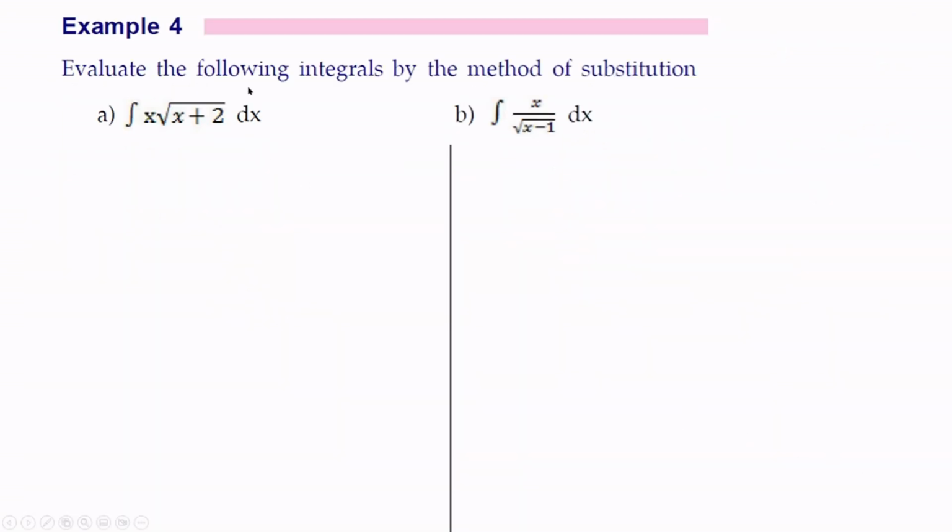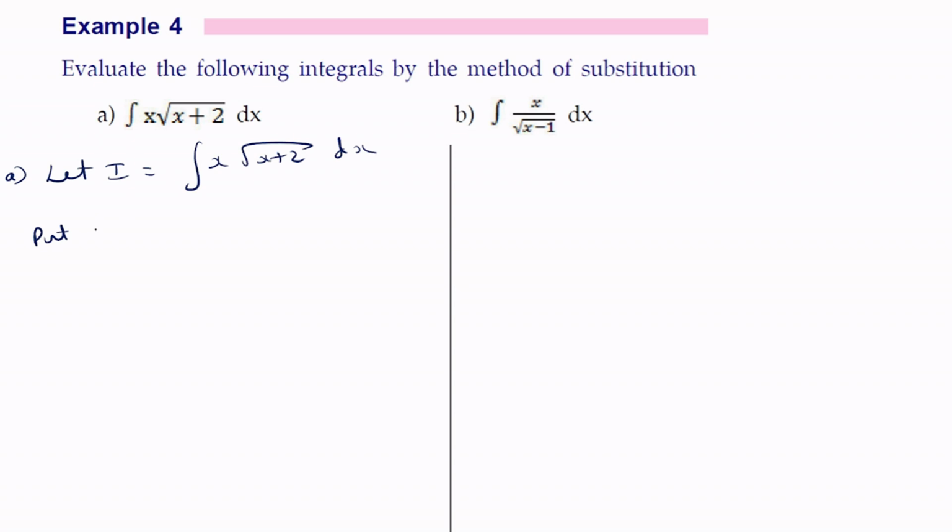Next question, evaluate the following integrals by the method of substitution. So here we have to use the substitution method to find the integral of these functions. Let I equal to integral x into root of x plus 2 dx.